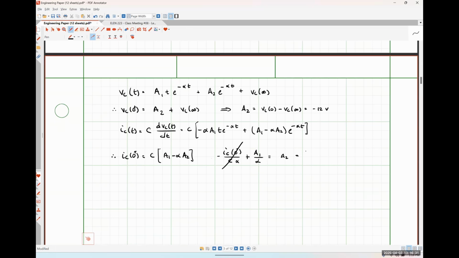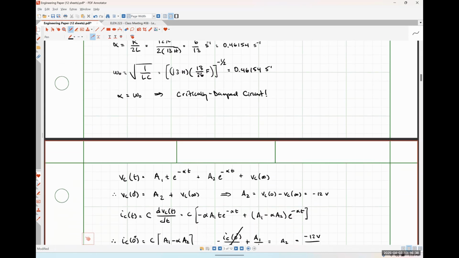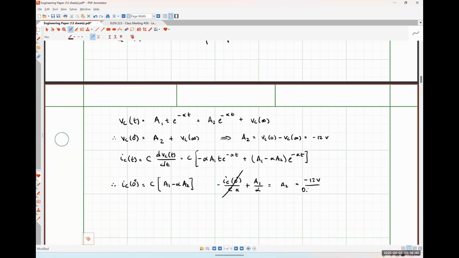So A1 was negative 12 volts over alpha was 0.46154 per second.